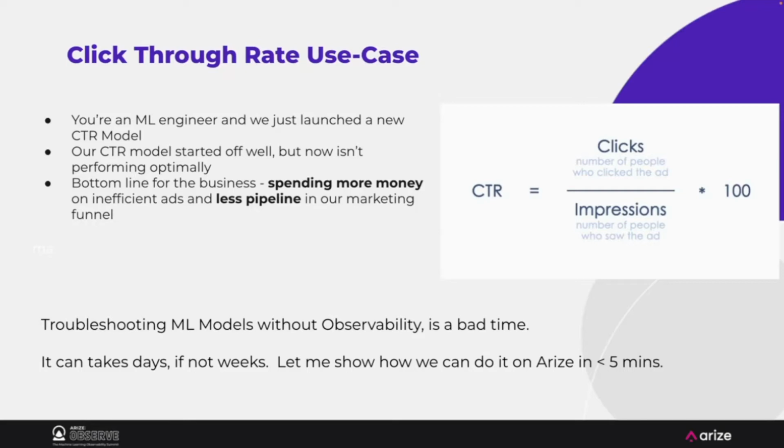But what happens when your click-through rate model underperforms in a marketing team? Well, it's not just that you have lower engagement on the marketing front, reducing the overall revenue, and not to mention that the marketing team will probably be breathing down your neck, but you could end up wasting thousands, if not millions, of dollars in ad spend if you're doing a lot of marketing and there's a lot of volume.